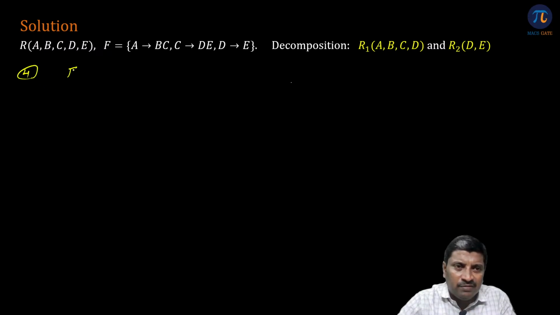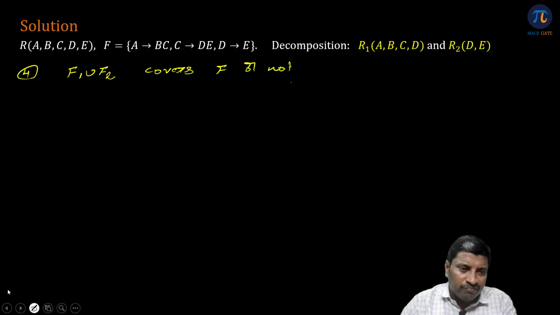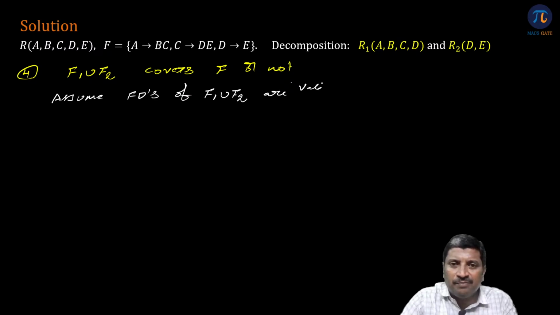Let us verify F1 union F2 covers F or not. For that, what we need to do? First, we will assume FDs of F1 union F2 are valid.